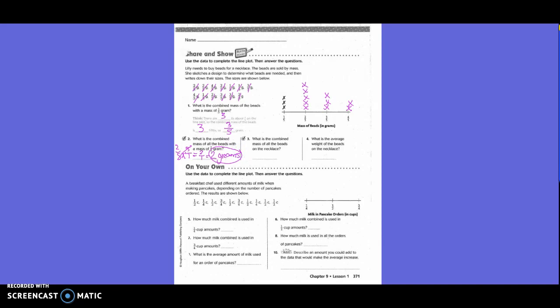Number 3, what is the combined mass of all the beads on the necklace? Okay, so we already have what this was, right? It was 3/5. We already have what the 2/5 was, and it was 2. So then we also need to find what, guys? 3/5 and 4/5. 3/5 times what? 3/1, right? Which equals what? 9/5. And we also need to find the 4/5.